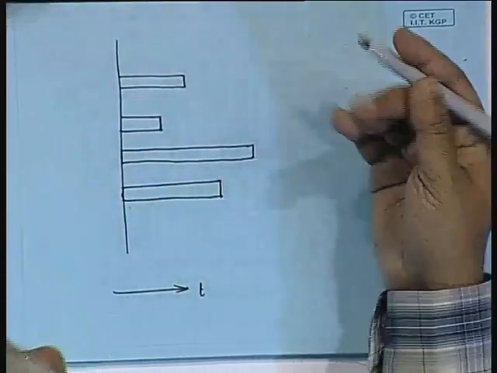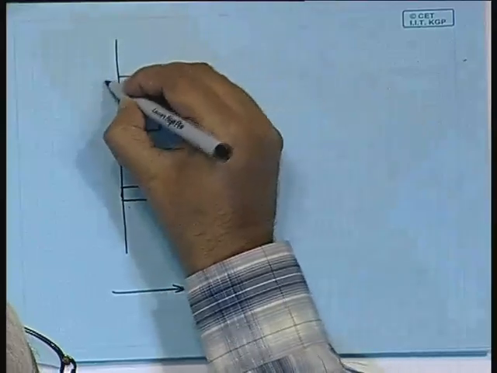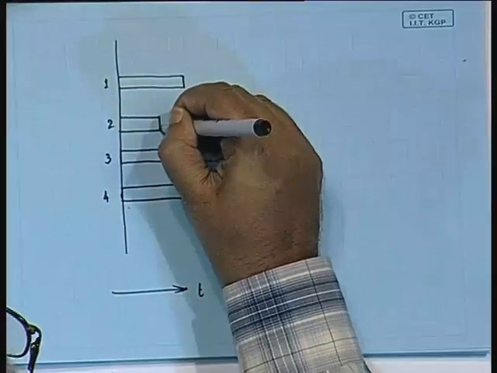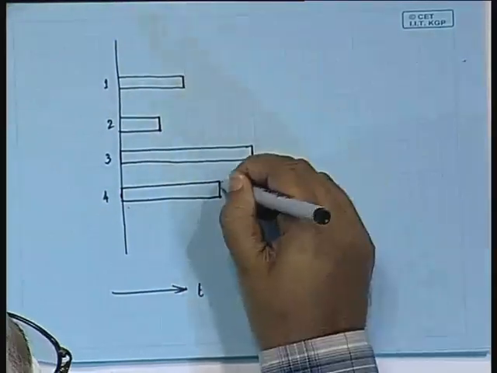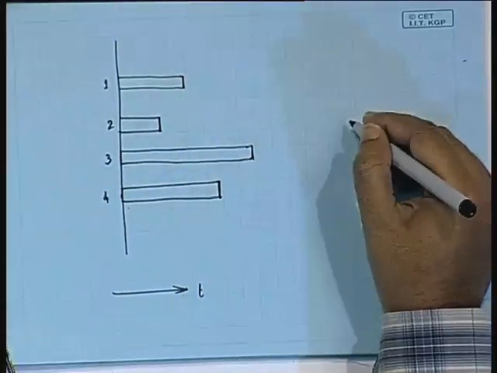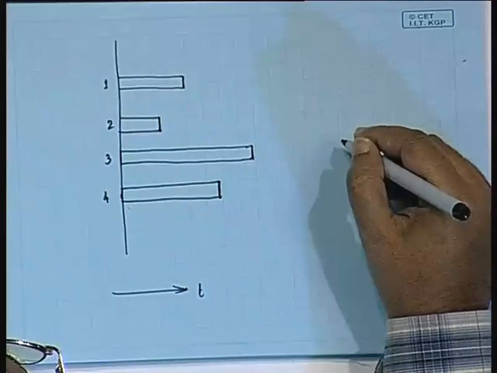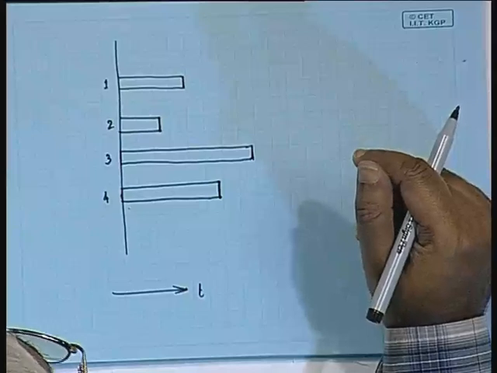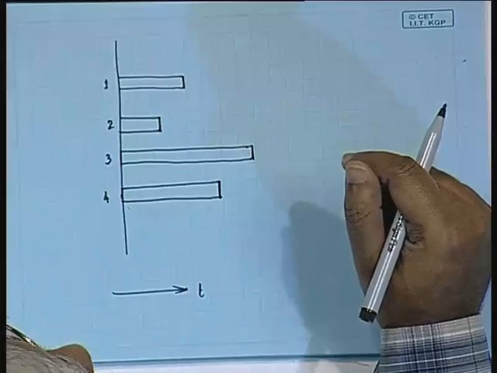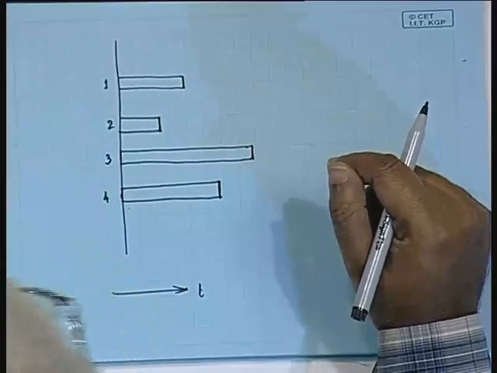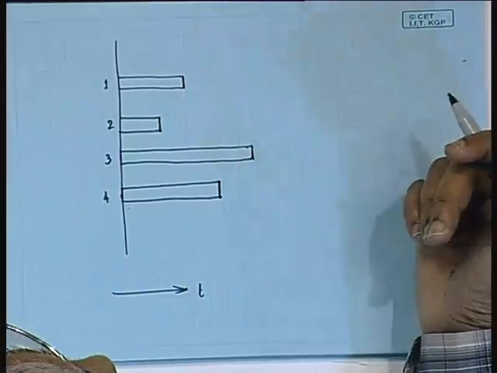Okay. Supposing we just consider four sources 1, 2, 3 and 4, and this is the time when its individual audio frames are ready. Now, the time at which the audio frames are getting ready, they are different, and they could be different. Why? Because each source could use a different compression scheme.